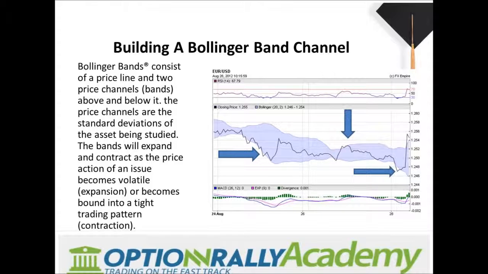The 20-day means you're going back today plus 19 days and putting that on the chart, and that will give you a slightly different number. Okay. Well, when you do that, you end up with 2 lines. You end up with an upper line and a lower line, okay. Just like you see in this chart.